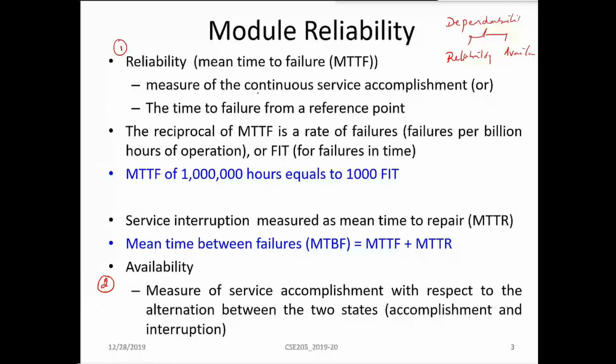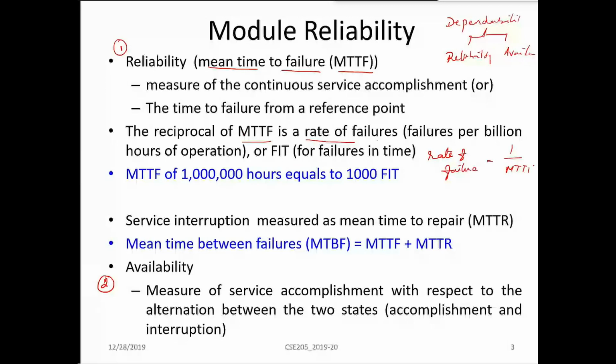The rate of failure is the reciprocal of MTTF, so the rate of failure will be the reciprocal of reliability, the mean time to failure. Clear?